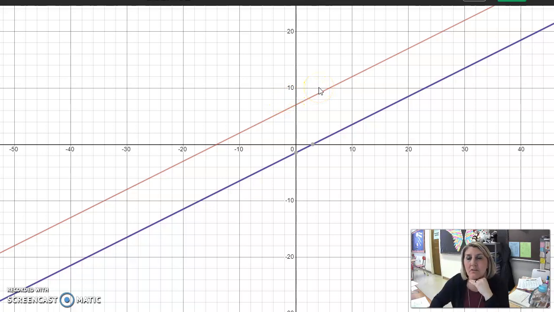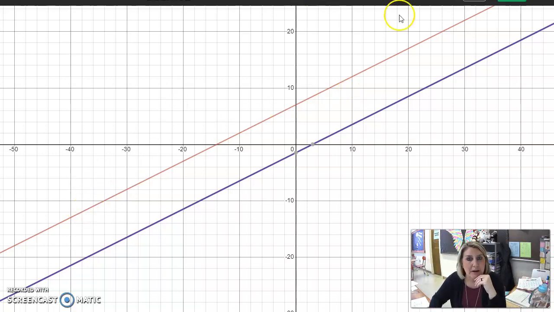Parallel lines will never cross. So this is when you will have no solutions. So if the lines cross, you will have one solution. If the lines are parallel and actually never cross, you will have no solutions. And if the lines are the same exact line, one on top of the other, it's all solutions because every point, it's crossing everywhere pretty much.